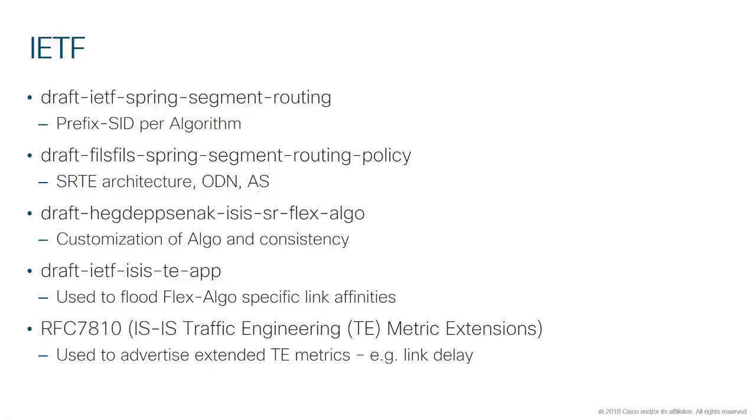This one is not a necessity, but it's a more generic solution. And then the delay advertisement is basically supported by the already existing RFC 7810, where we have the extended TE metrics to advertise delay.